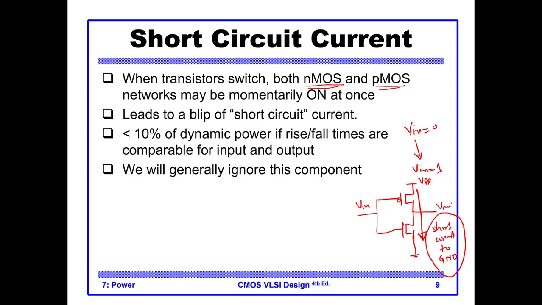This is called short circuit current. Power will be consumed in this scenario, but normally less than 10% of the dynamic power is due to the short circuit current.